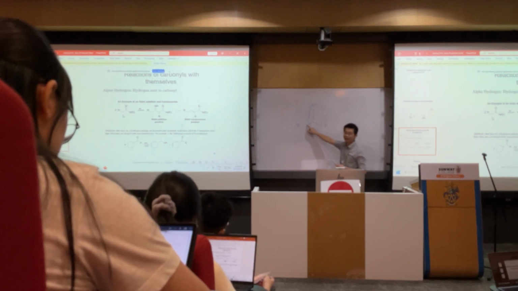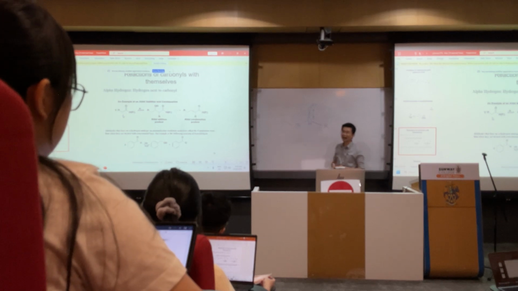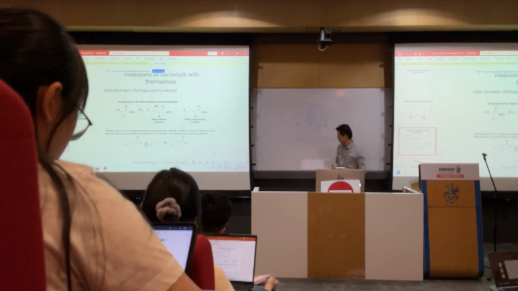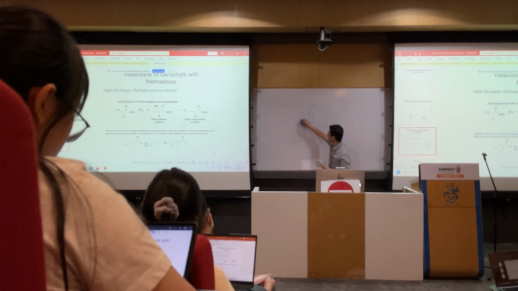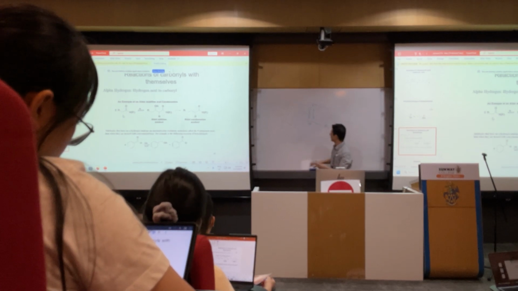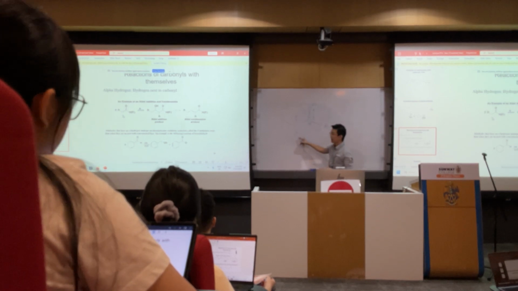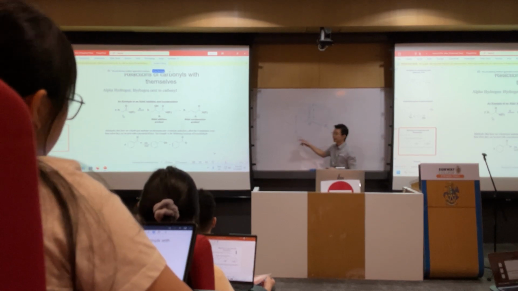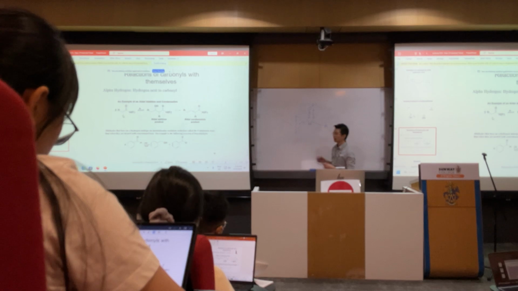As a result, the carbon will also pull away the electron from the adjacent carbon as well. So if we have a CH2 adjacent to this carbonyl group, the hydrogen here will be slightly acidic because the electron is being pulled away to this carbon.